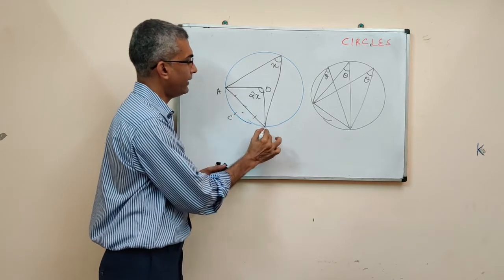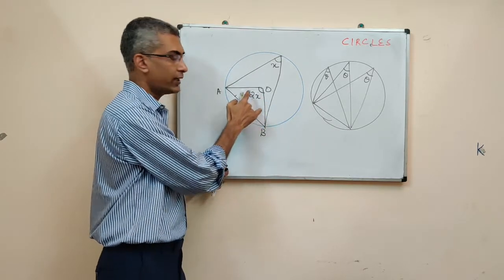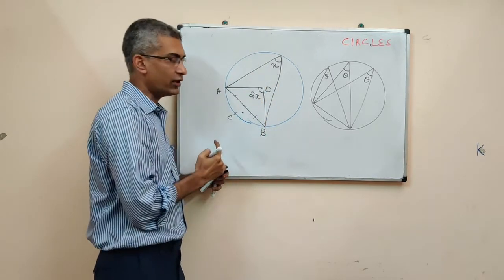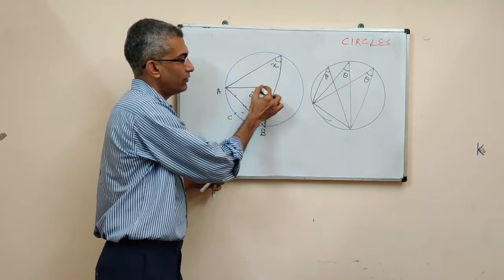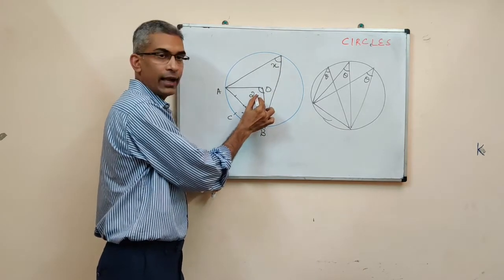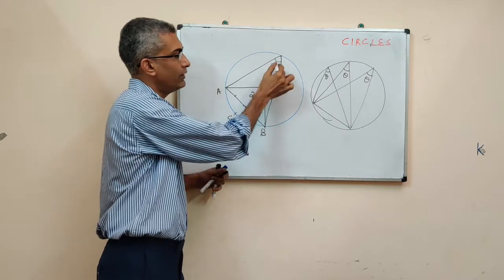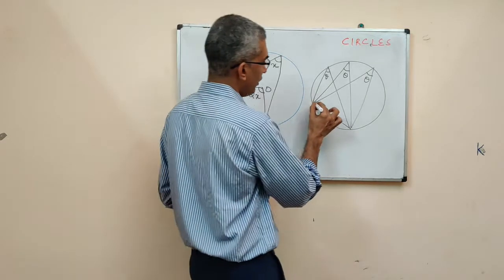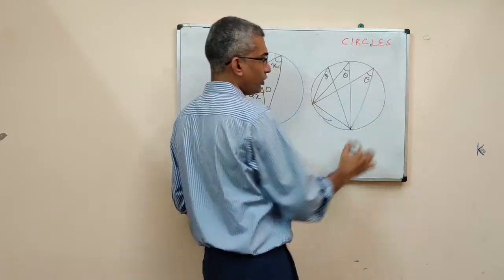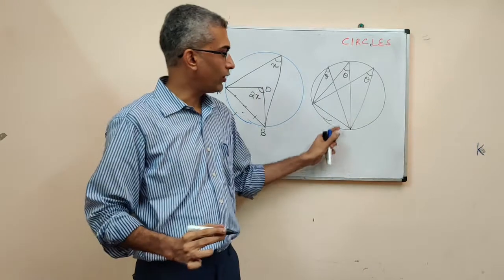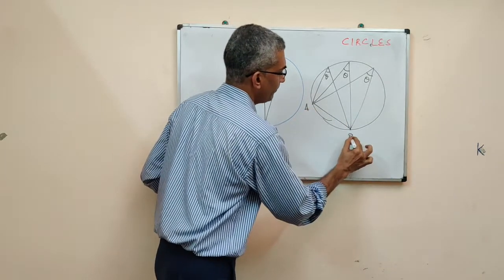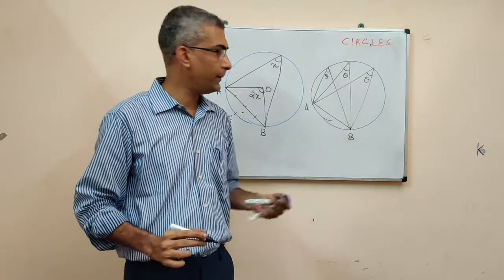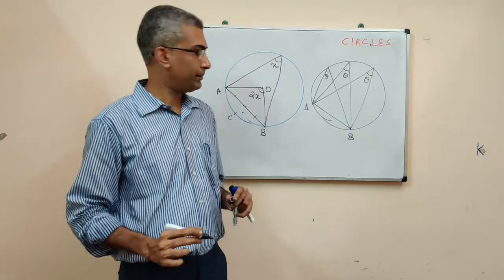This arc ACB has an internal angle 2x, and this arc ACB subtends an angle x here. It is a very important property. The central angle 2x will be twice of the angle subtended on the same side. Another property is, if you draw different angles over here, the chord is AB. If you subtend different angles on the same side of the chord on the circle, all these angles will be the same.